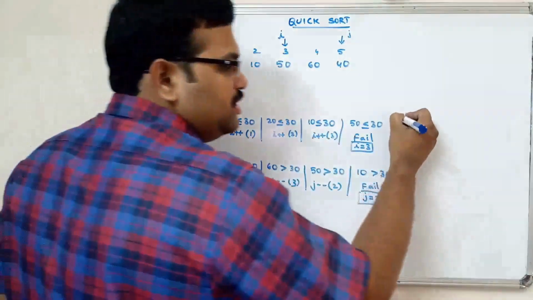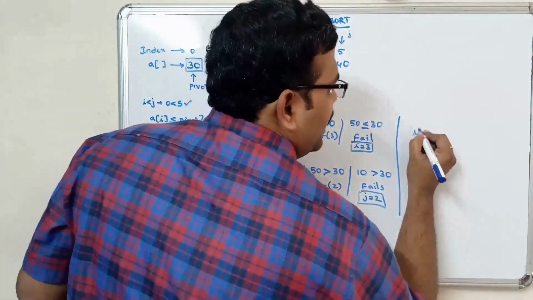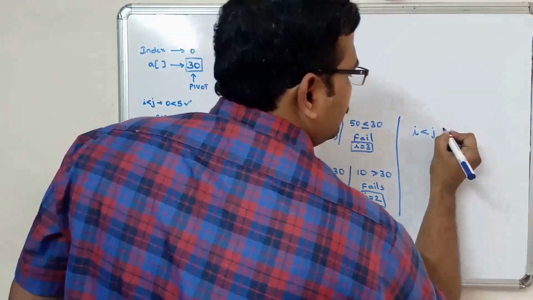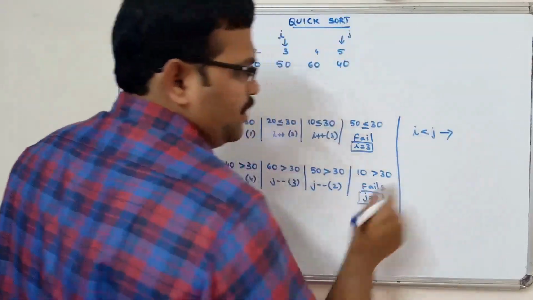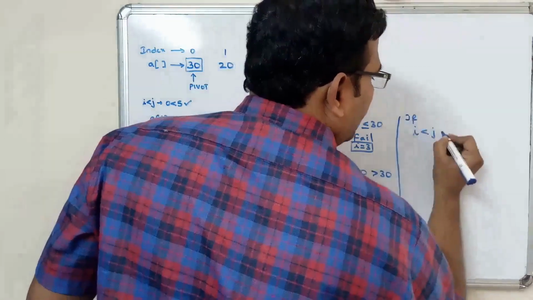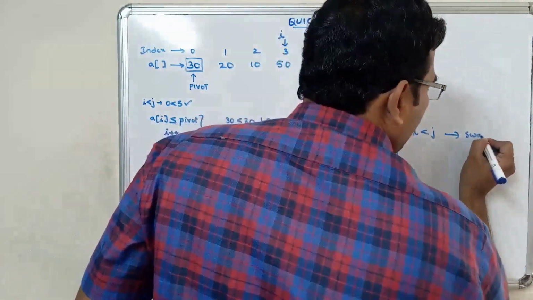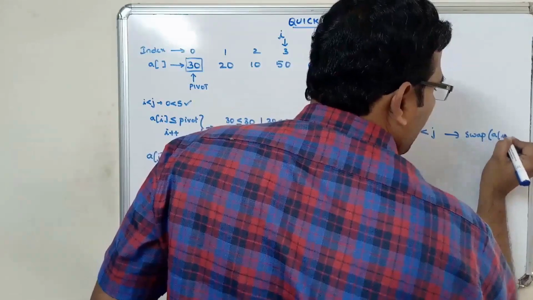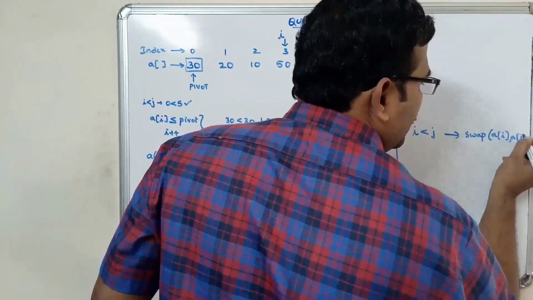So at some element, both the conditions fail. Now we have to check whether I is less than j. If I is less than j, then swap a of I element with a of j element, right?